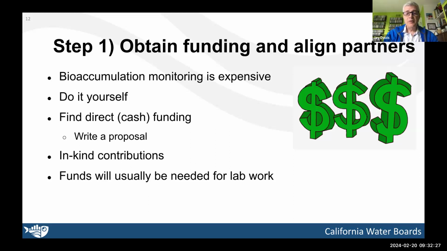The chemical analyses are specialized, and in general, you're going to need to hire labs, and that usually requires cash.